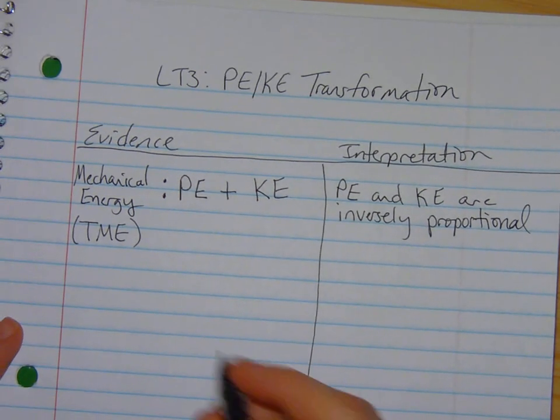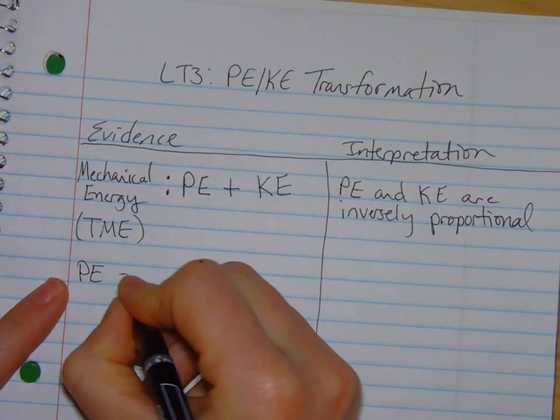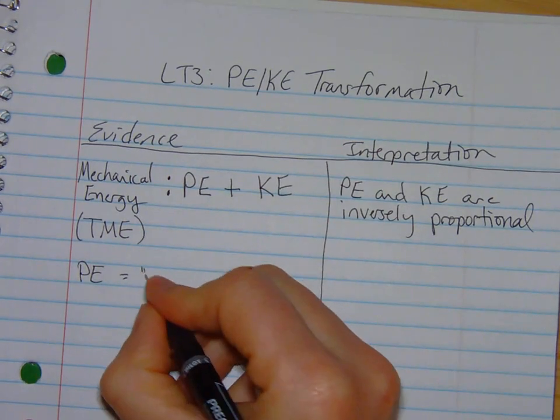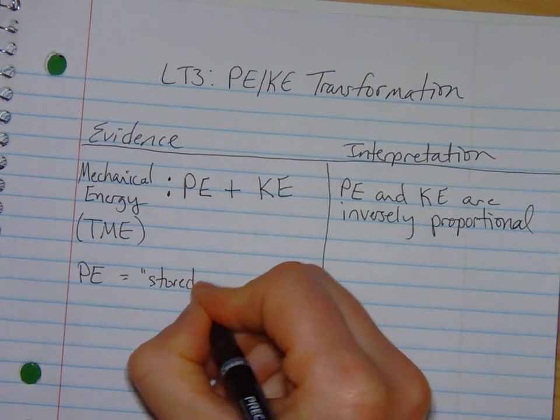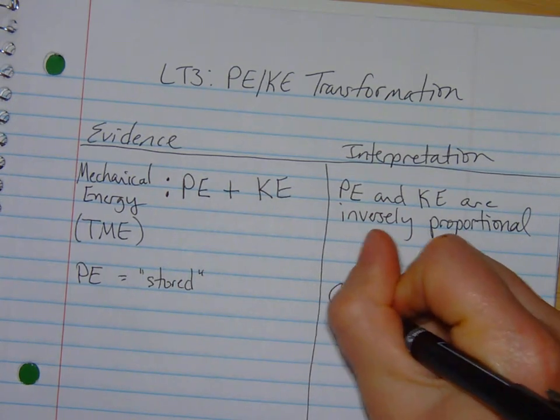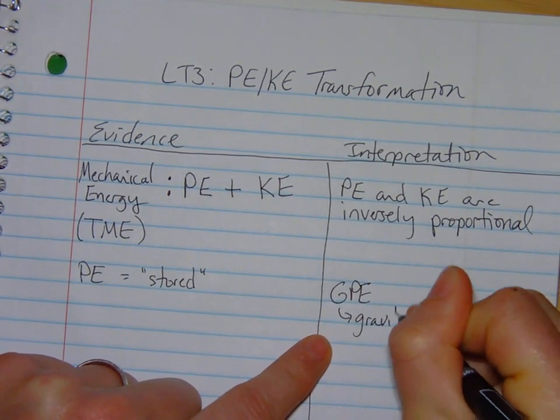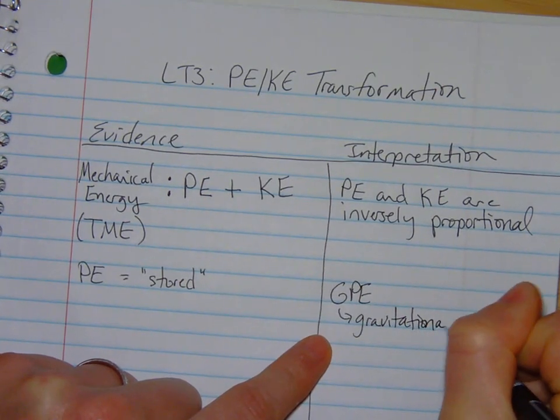Now some of the times, we're going to overgeneralize a little bit, but potential energy, they consider it stored energy. And a lot of times in this unit, we're talking about gravitational potential energy, which means it has a height above the ground.